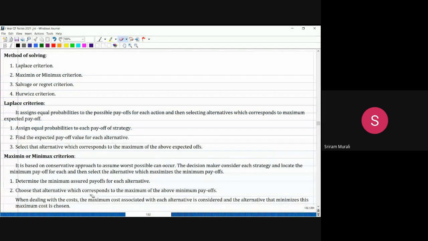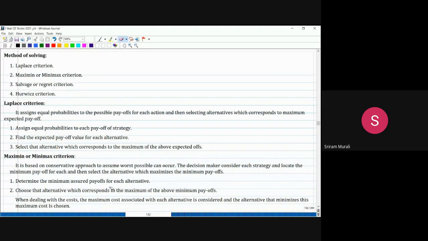Choose that alternative which corresponds to the maximum of the above minimum payoff. When dealing with the cost, the maximum cost associated with each alternative is considered, and we choose the one that minimizes this maximum cost. So when I am dealing with the cost, this is the scenario. Otherwise, we will take this.